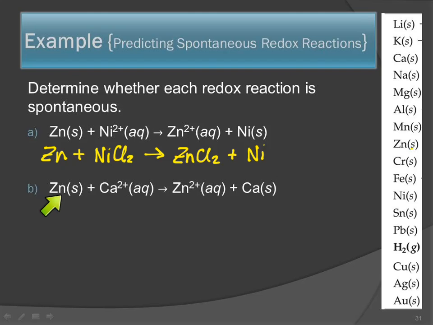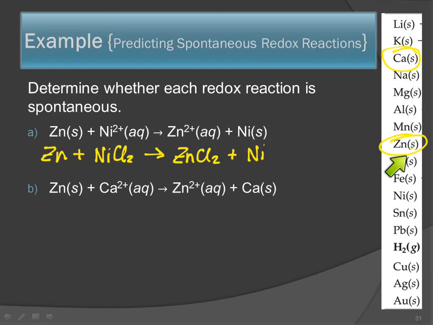What about zinc and calcium? Is this reaction going to happen? ¿Quién es más macho? Calcium. Calcium is way up here. He's third on the list, right there. And here's zinc. So zinc can only react with an ion of a metal below him.